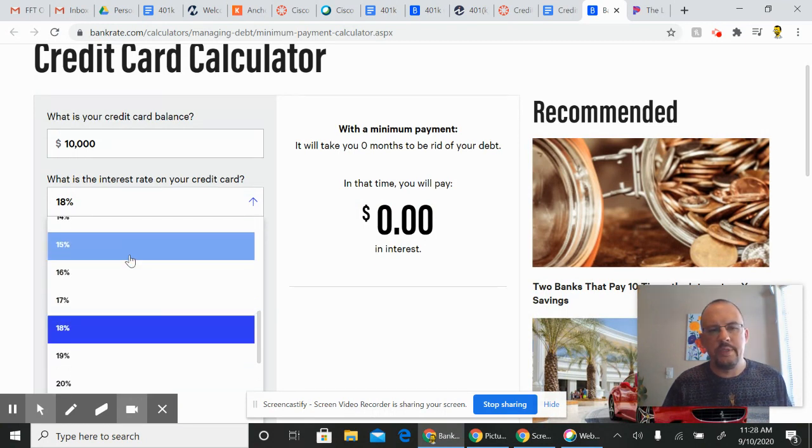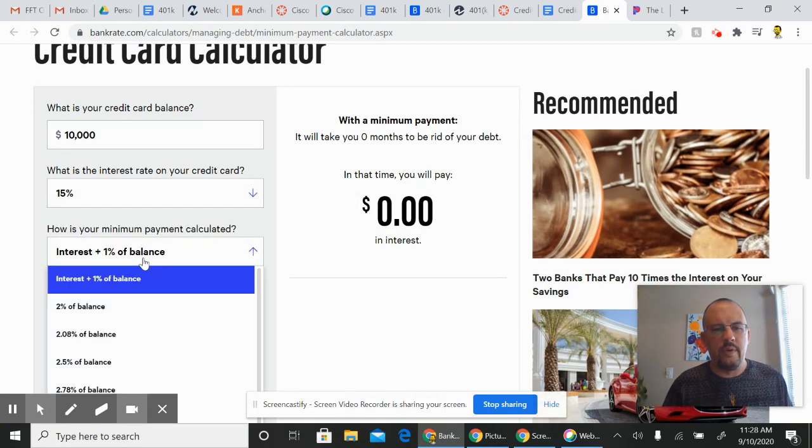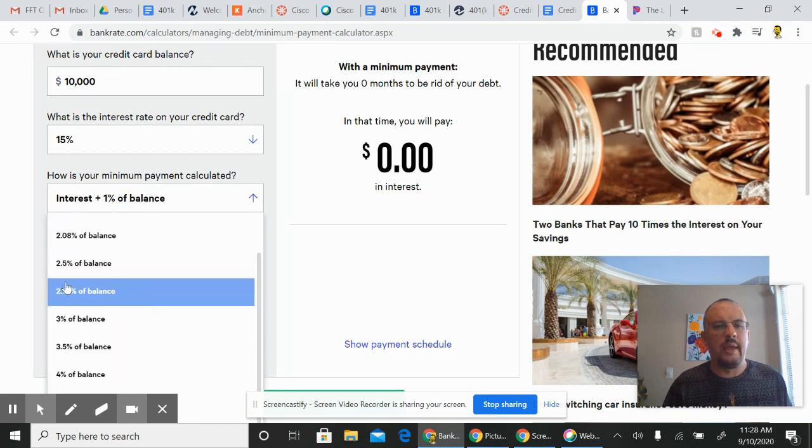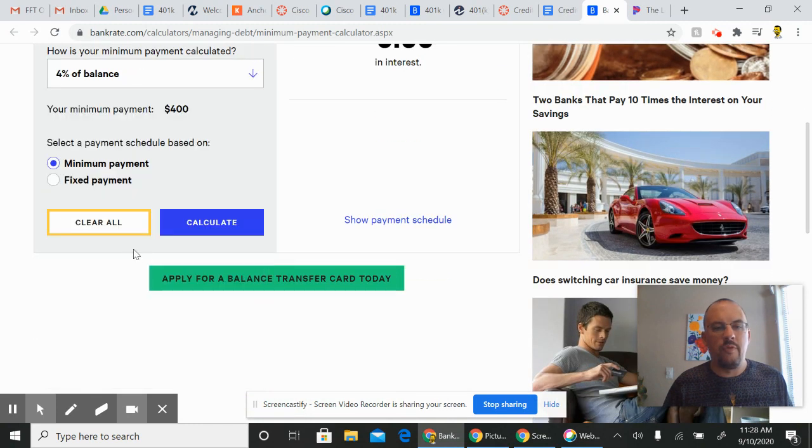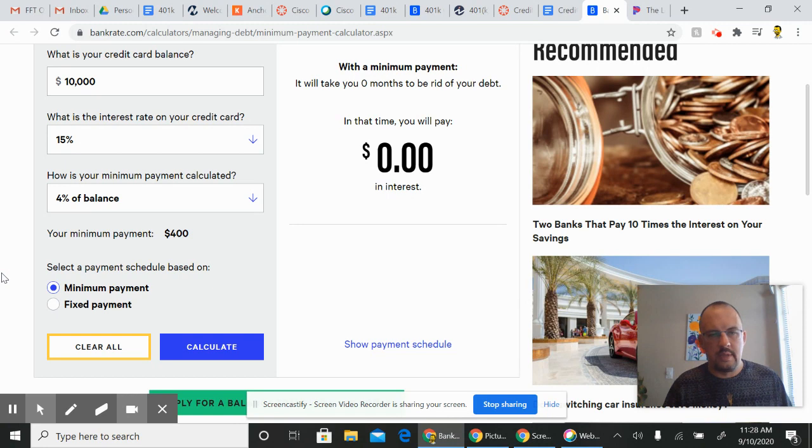All you have to do is plug the numbers in here. Your payment is going to be 4% of your balance. It varies on how the calculation is done. It could be 5%, it could be 4%, 3%, but we're going to just say 4% of balance. And then I'm going to calculate.